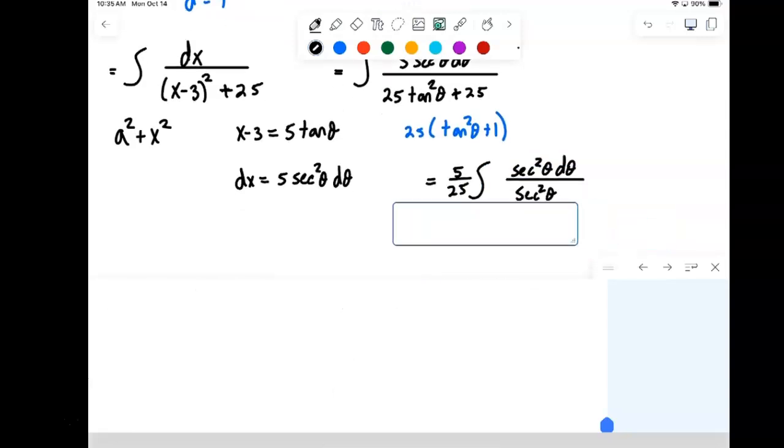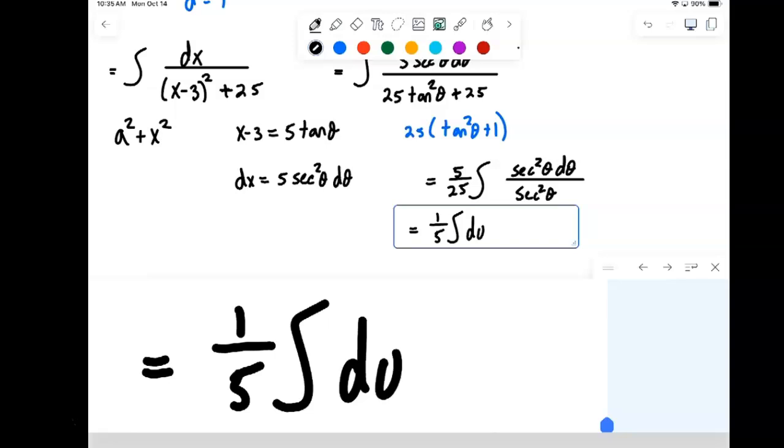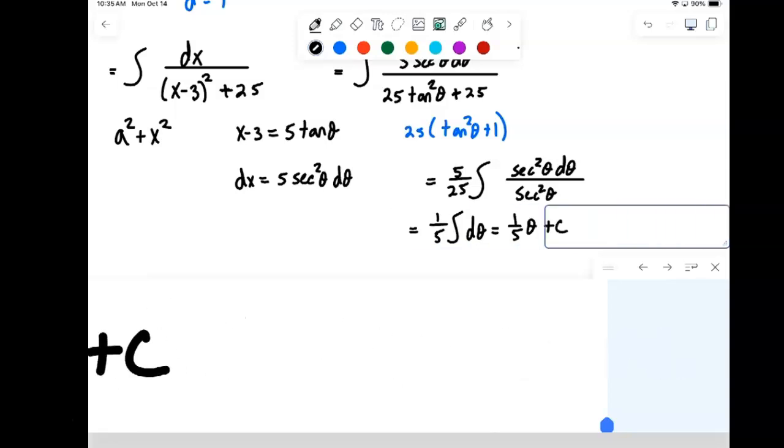So the secant squareds cancel out, and we have 1 over 25, or 1 over 5, sorry, times the integral of d theta, which will just be 1/5 theta plus a constant.